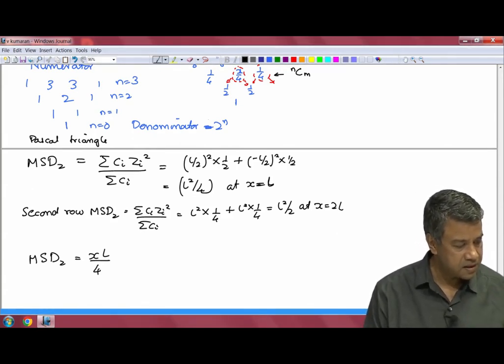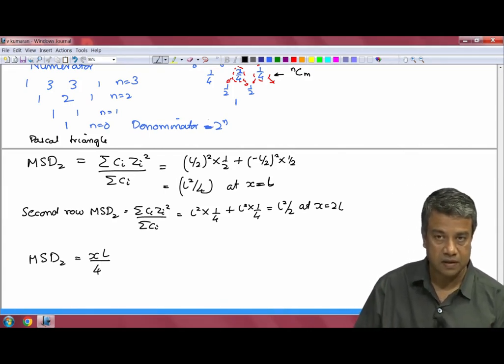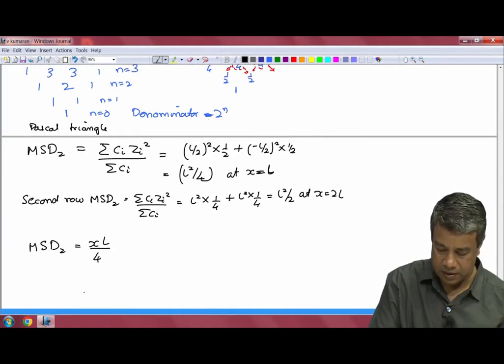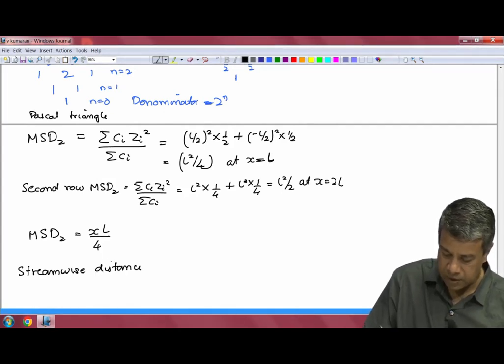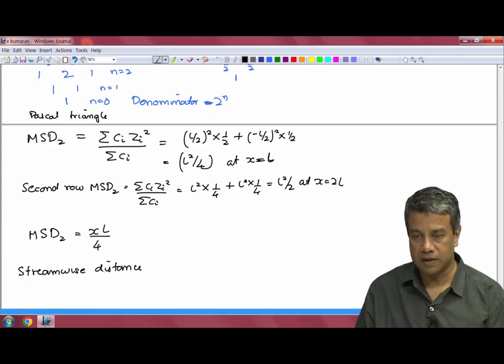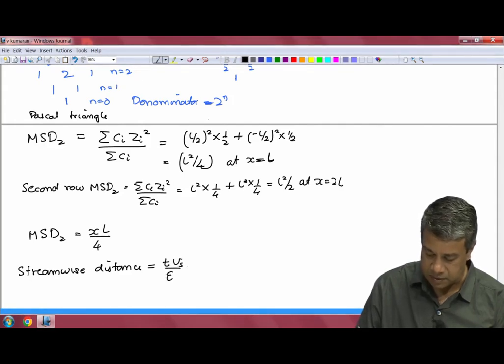Now, I can express this in terms of the superficial velocity, because the distance x travelled, the streamwise distance, if I were to express it in terms of the time of travel, will be equal to t into Vs by epsilon, which is x.